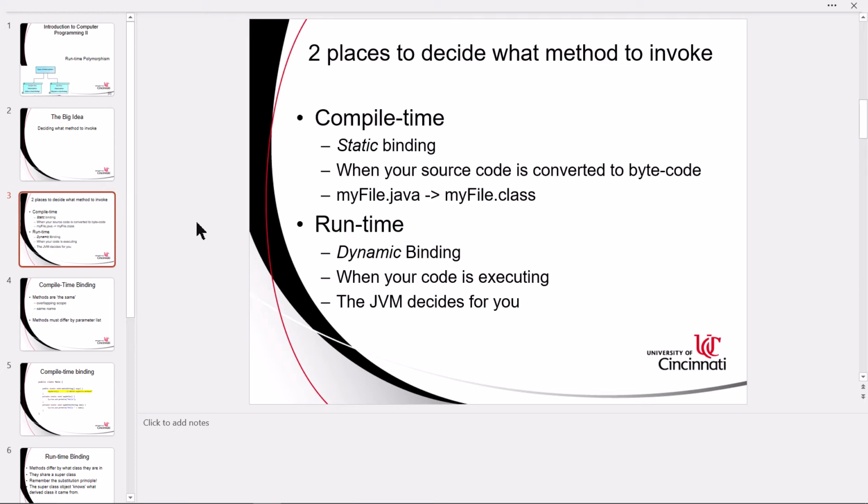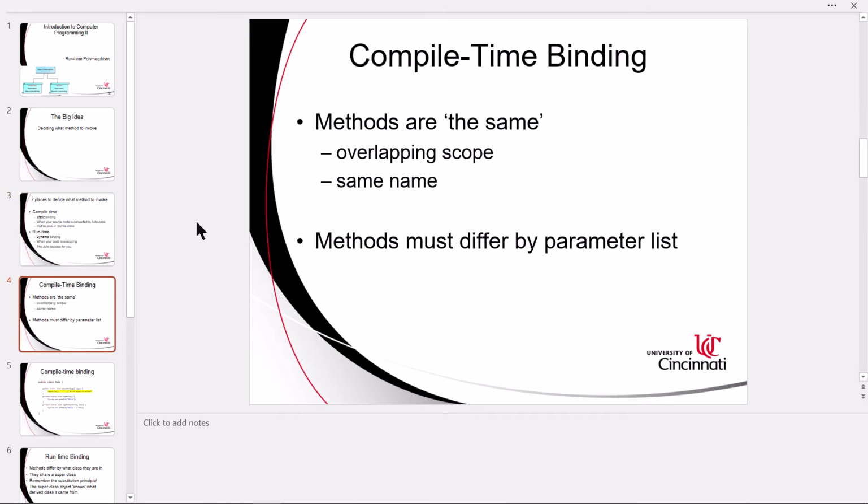Now, we've seen many, many examples of compile time binding to this point, and we'll look at that right now before we move on. Compile time binding, we might also refer to as overloading a method or polymorphism. The methods are the same in that they have the same name.